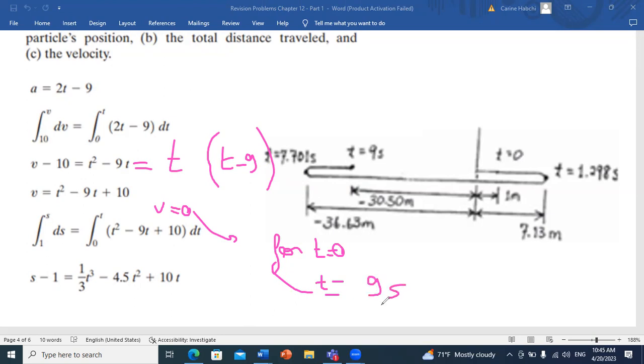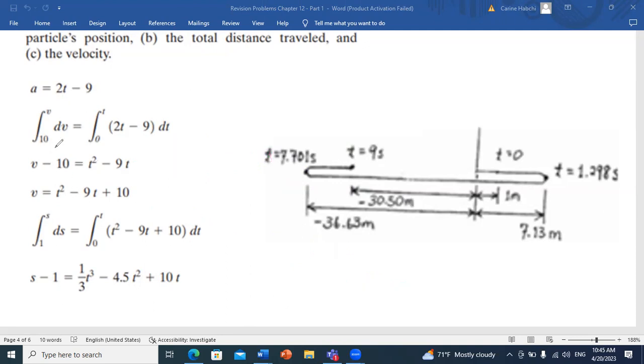Okay, so we can deduce that the velocity will be, sorry, we didn't notice that we need to take the 10 to the other side. Okay, there is a 10 here, so you should take it to the other side. So we have a second degree equation. We put it on the calculator and we solve for the two solutions T1 and T2.